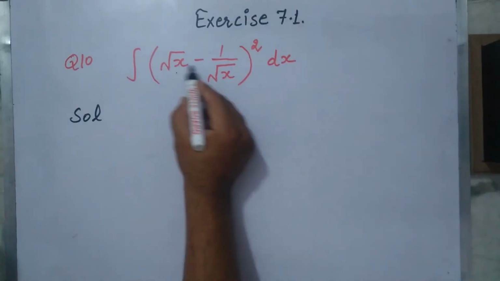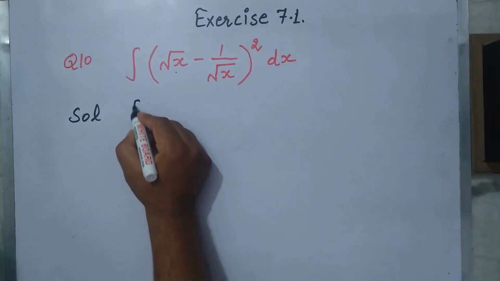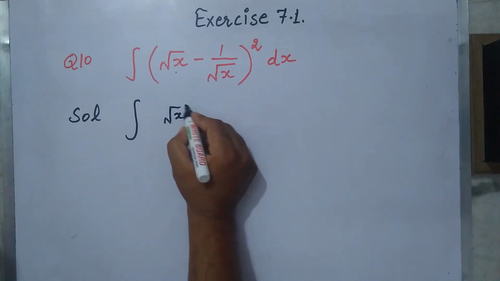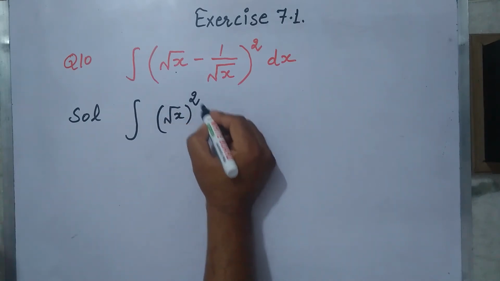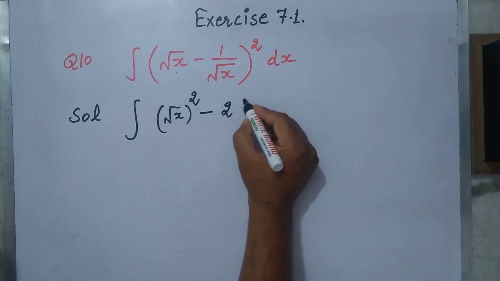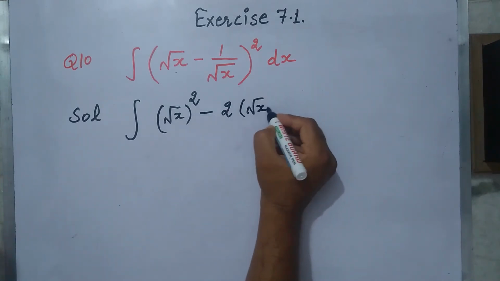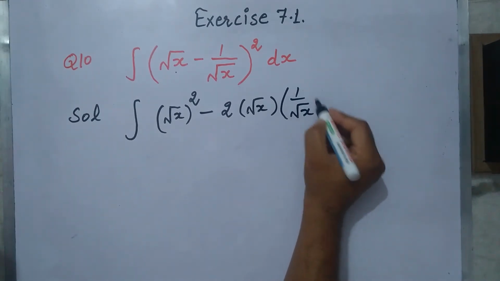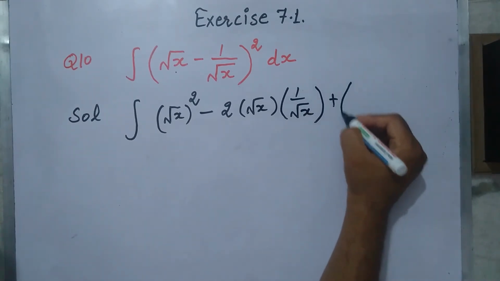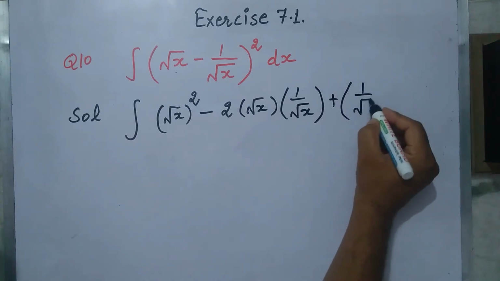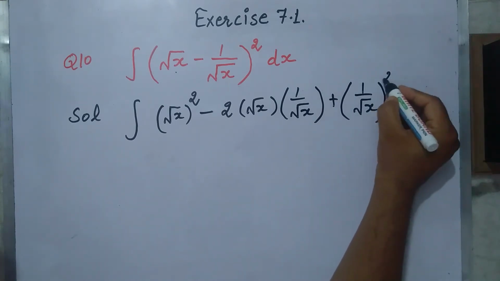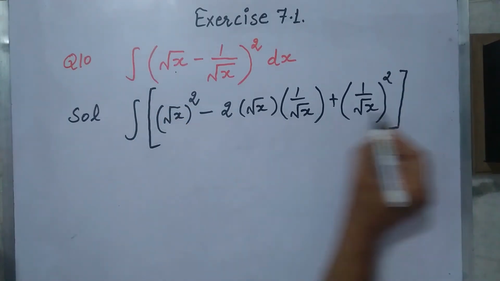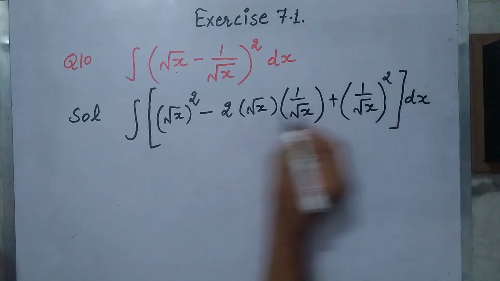So what is a minus b whole square? That is equal to square root of x whole square minus 2ab, 2 into square root of x into 1 upon square root x, plus 1 upon square root of x whole square, whole integration sign outside dx.